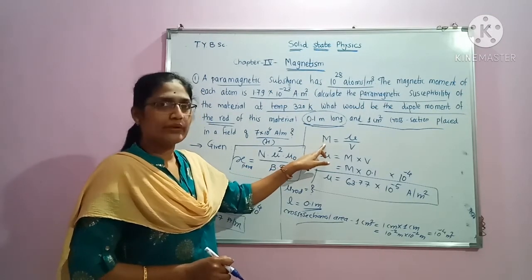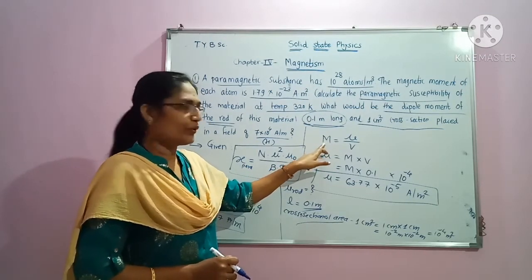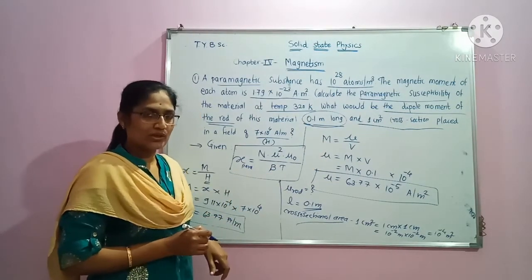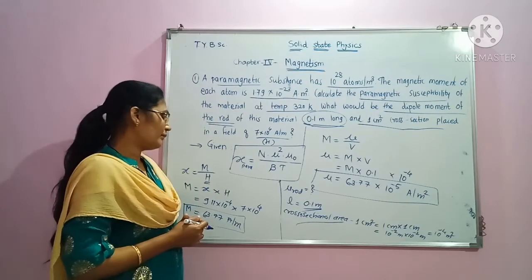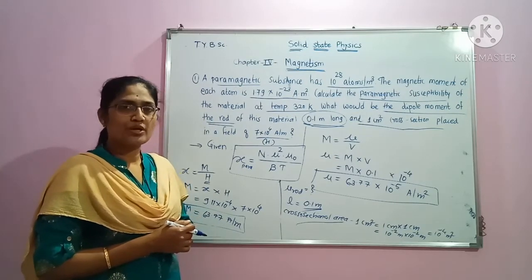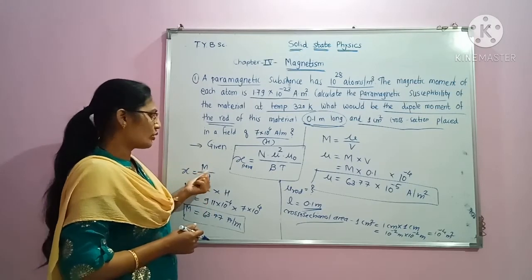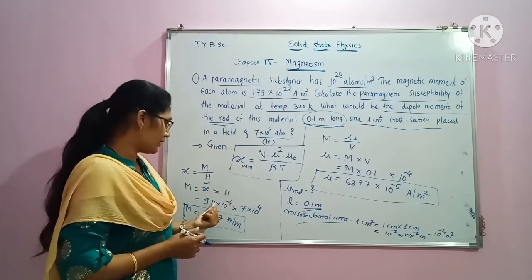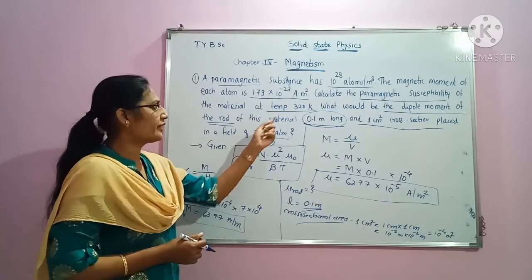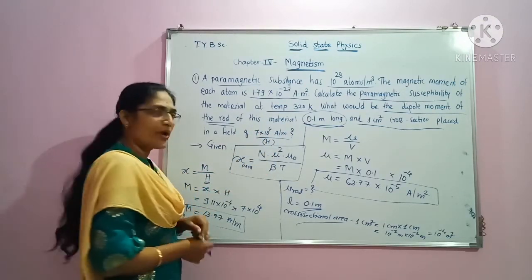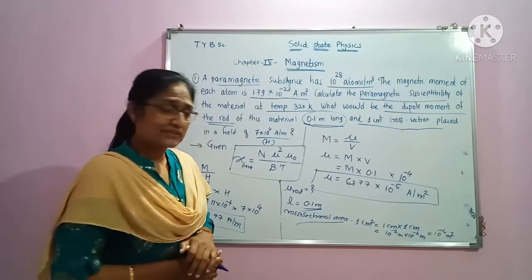In order to calculate that magnetization, we know the relation between susceptibility and magnetization. Susceptibility is magnetization produced upon applied magnetic field. We have substituted the value of susceptibility here, and H is already given as 7 into 10 raised to 4 ampere per meter, and we have obtained the value of magnetization.